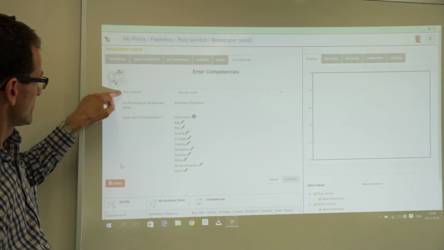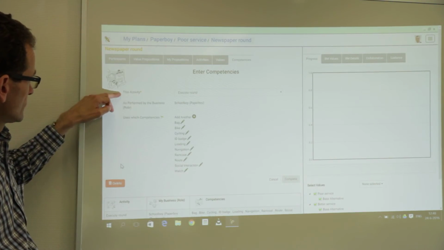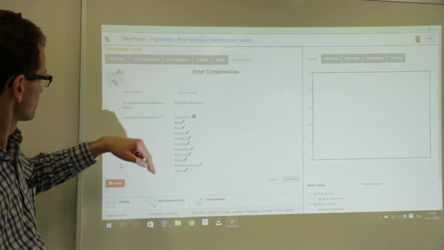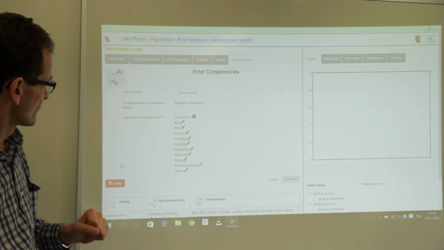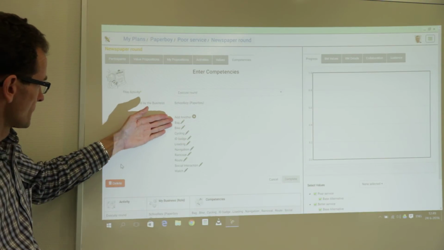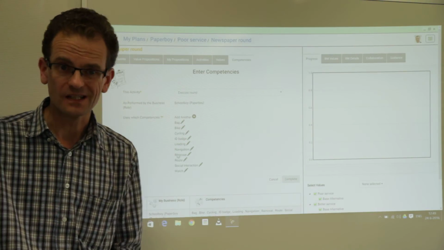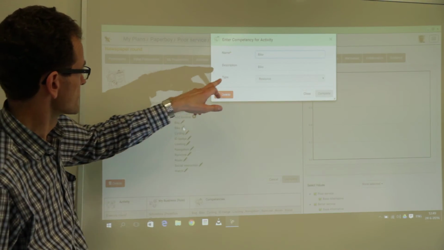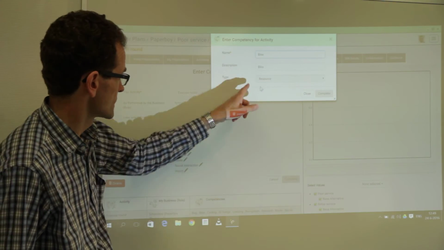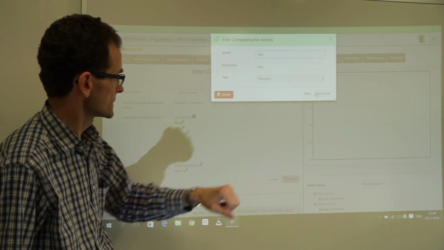So enter competencies, as you see, for this activity, execute round, as performed by the business, with the schoolboy in the role of paperboy, uses which competencies. And there is a list of competencies, very easy ones of course, but for instance, a very likely one is the bike. He needs to have a good bike, which is here defined as a resource. Close it.